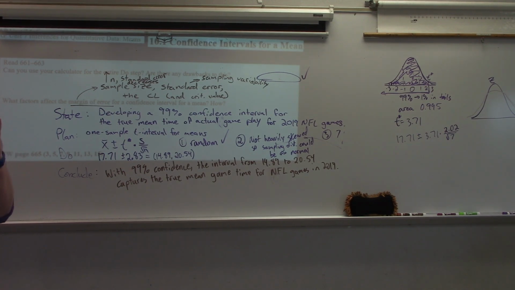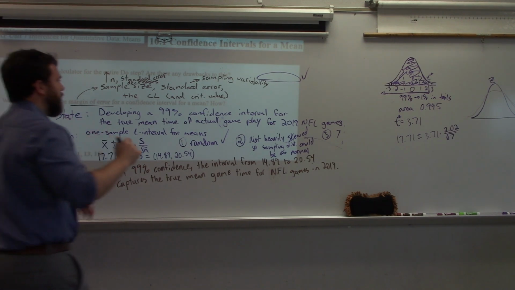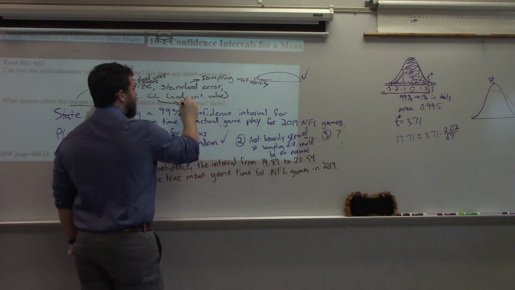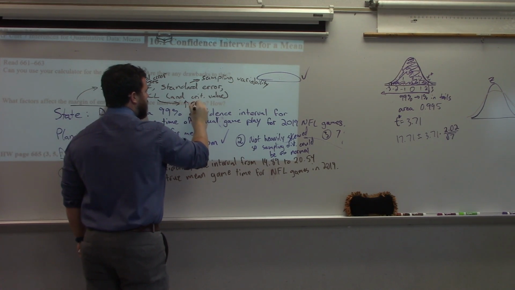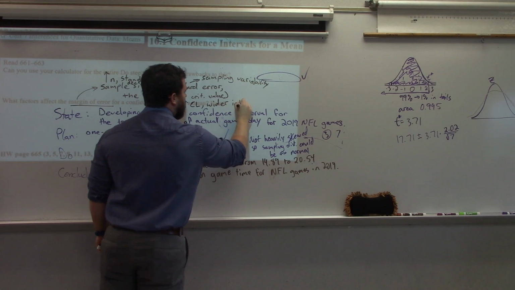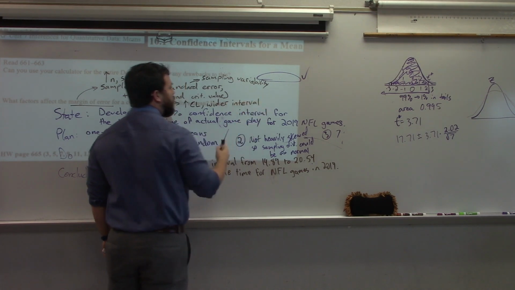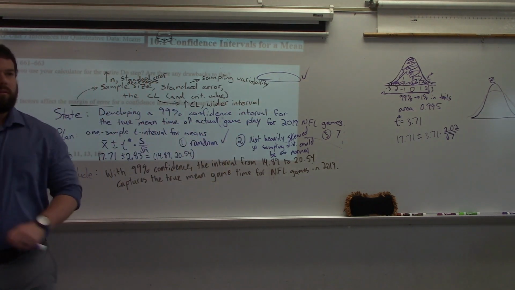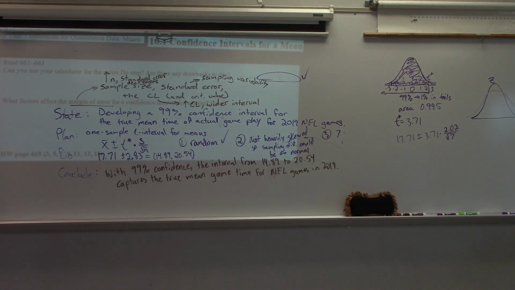If you have a smaller interval, it's more precise, sure, but is it more likely that you captured the parameter? No. So if we want a higher confidence level, wider interval, right? That's why our t will be bigger. We're more likely to capture the parameter, but it's also a little bit less information.